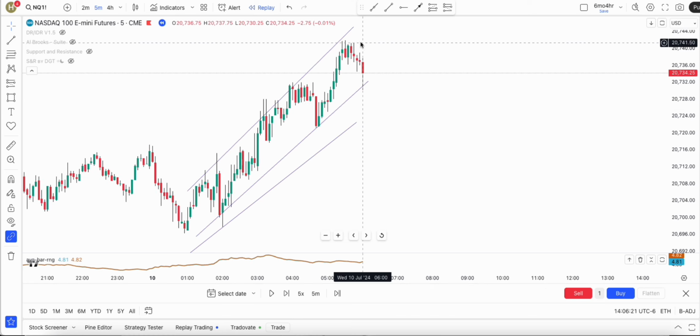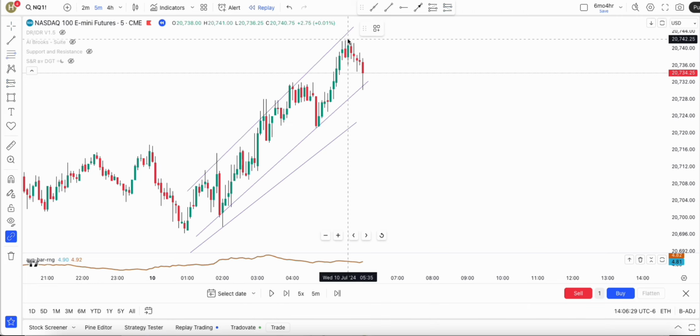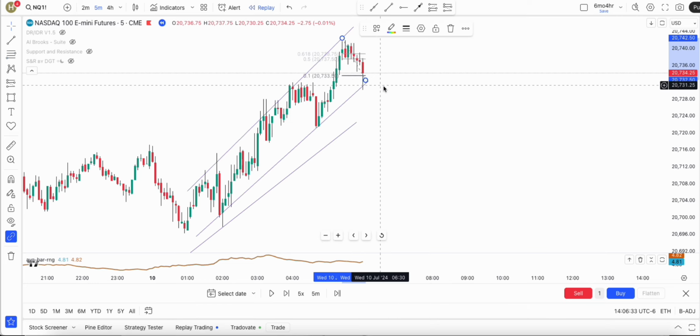And we are, okay, so now I'll use this fib tool to check where we are in this trend channel. We are below the 50% mark, but still pretty high on the trend channel.